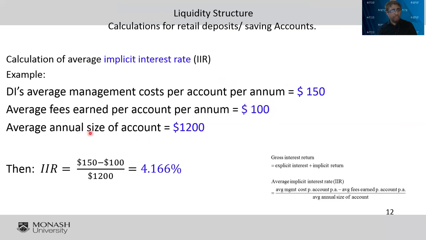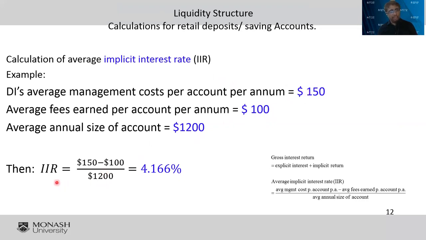And if your average annual size of account is 1,200, in this case your cost is 150 minus 100 over 1,200. They are not talking about giving you any interest. It's just the comparison between how much they charge you and how much it costs them to hold your account.